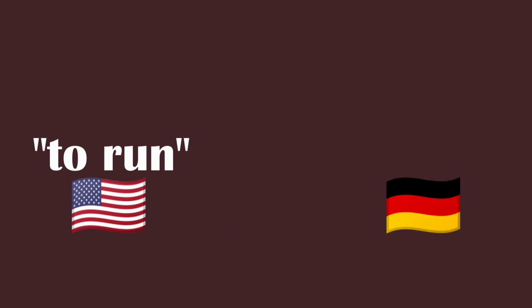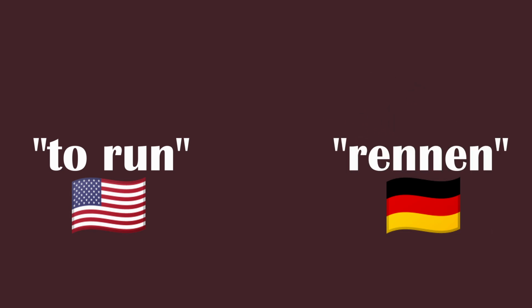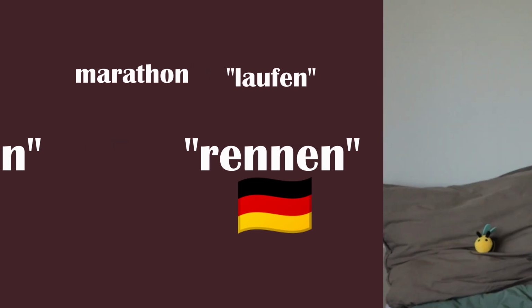If we take German, for example, there is a translation that would fit the basic concept of running, as in using your legs to move forward at a fast pace. That word is rennen, but in German we don't rennen marathons, we laufen them. Also, don't ask me about the difference between laufen and rennen. See how even though there's a one-to-one translation of the word for the basic concept of running, the other concepts attached to that word do not transfer at all into other languages.